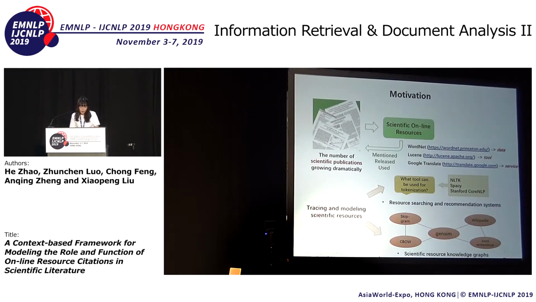With the number of scientific publications growing dramatically, more and more scientific online resources are mentioned, released, and used in scientific literature. Like WordNet is always the data, Lucene is always the tool, and Google Translation is sometimes a website or service.